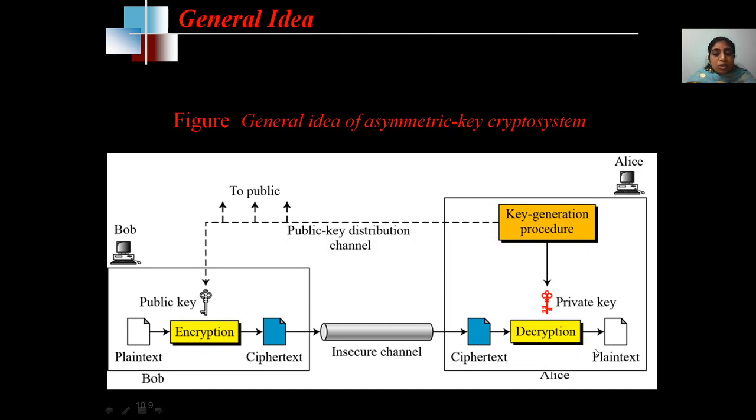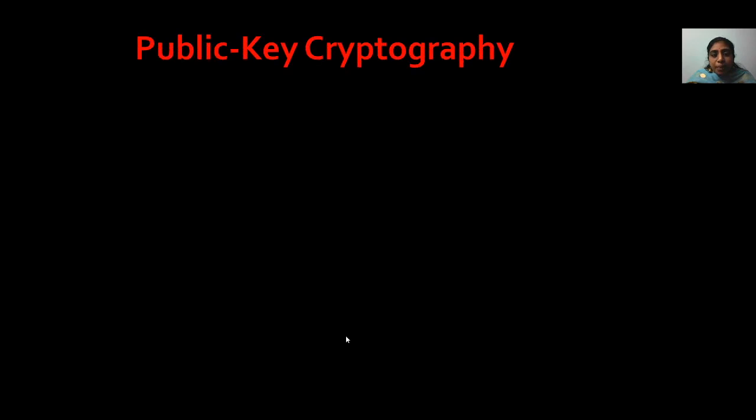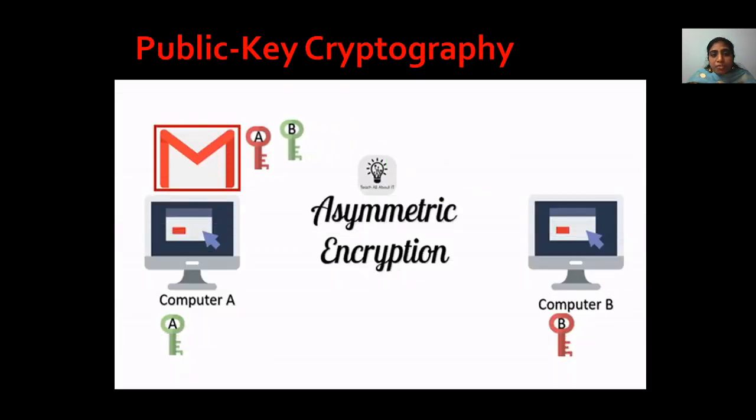If Alice wants to send data, she collects the public key of Bob from the key distribution channel, then encrypts that particular plain text and sends it to Bob. Bob, using his private key, decrypts the data. Like that the procedure goes. You can see the example in public key cryptography.